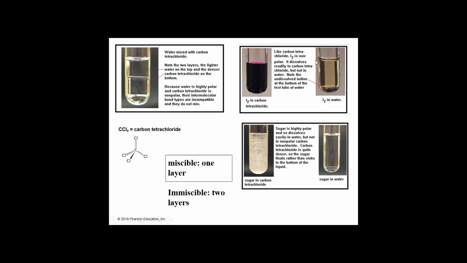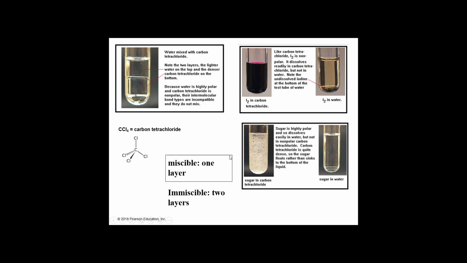Now we have iodine in carbon tetrachloride, and iodine is not polar. It dissolves readily in carbon tetrachloride, but not water. Note the undissolved iodine at the bottom. That's just what hasn't dissolved, but you see that they mix very well. It goes from a very dark color to mixing together because it's in a sense diluting itself with the carbon tetrachloride.